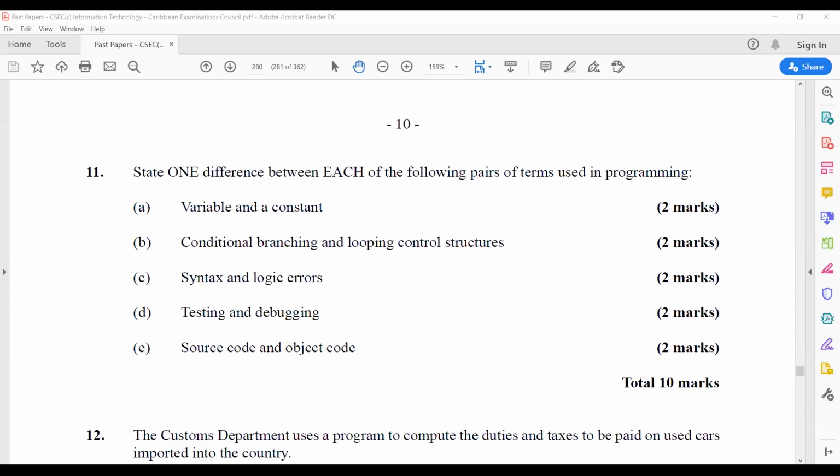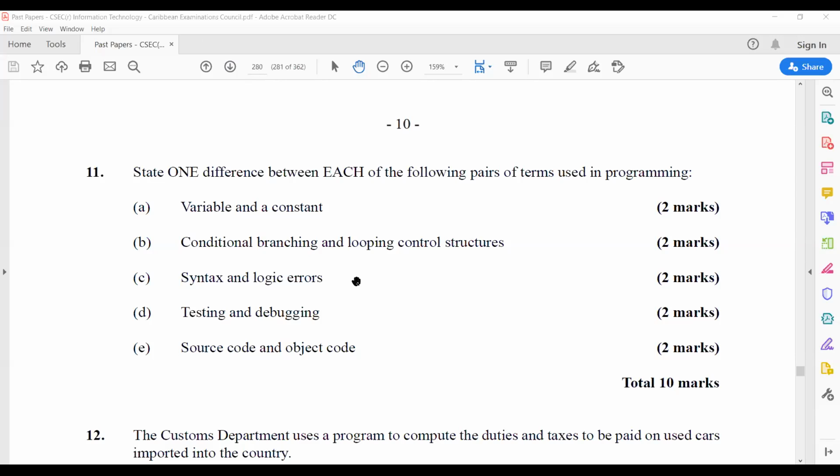Given that, anyone want to suggest a difference between conditional branching and looping control structure? One difference could be that in a looping control structure, a statement or group of statements is executed repeatedly until some condition is met.